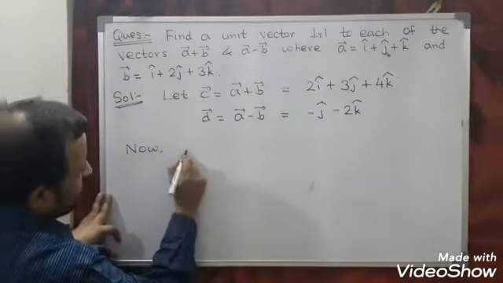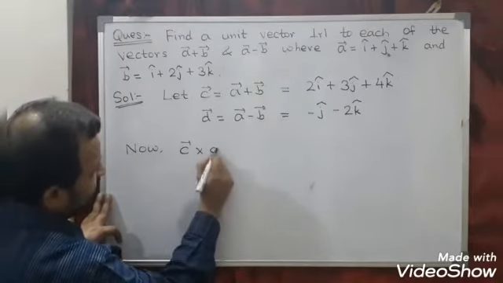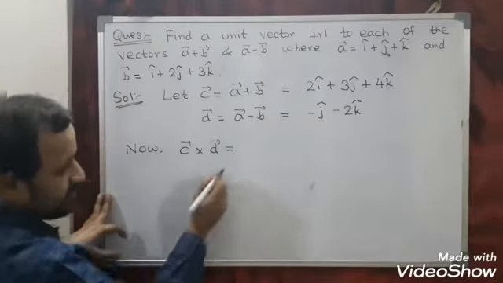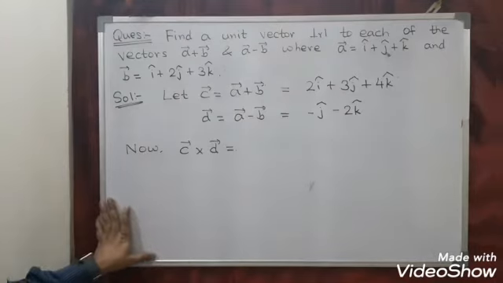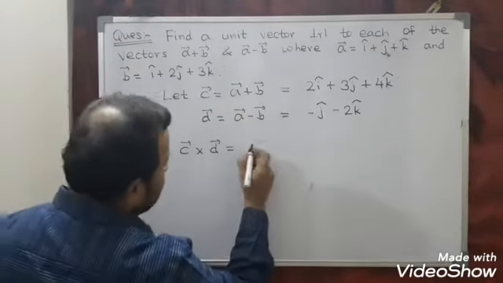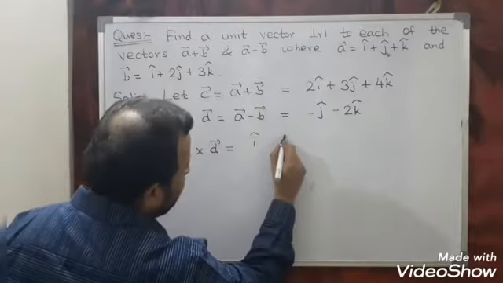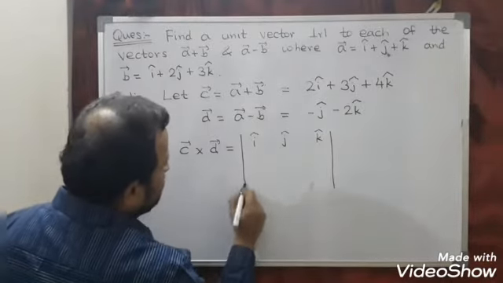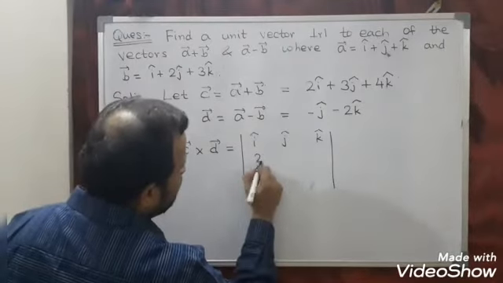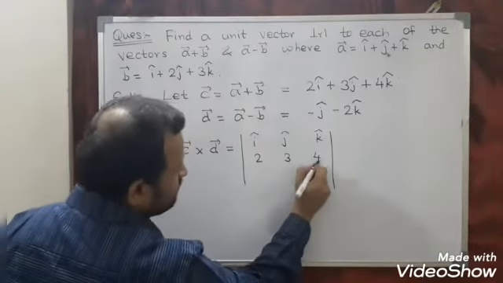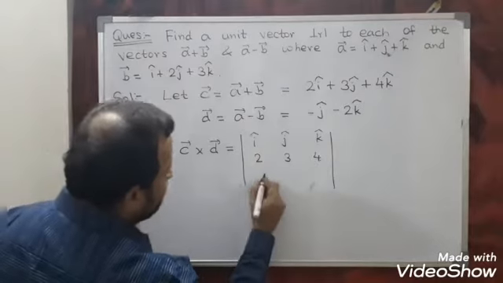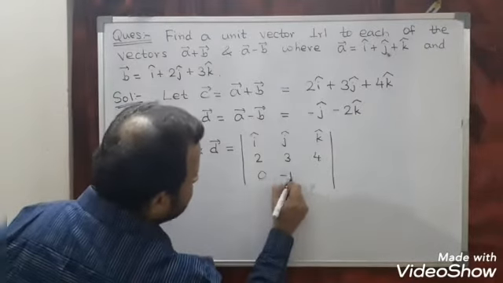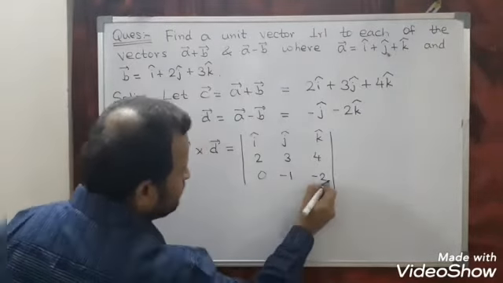Next we have to find cross product. So now C cross D vector is equal to, so calculate what is C vector cross D vector. So here I can say determinant of I, J, K. So C vector, it is nothing but 2, 3, 4. D vector 0, minus 1, and here I can say minus 2.